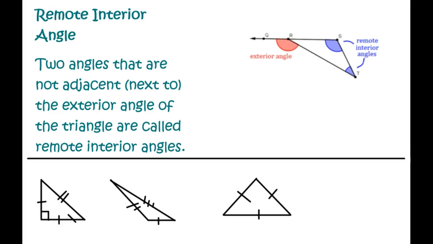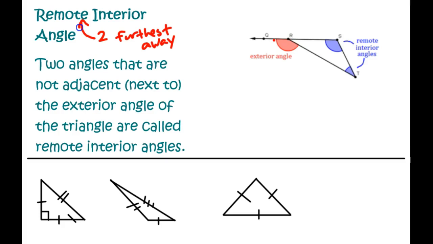Remote, this fancy word, means the two furthest away. Think about remote like a remote control. You use a remote when you're far away. So remote interior angles are the farthest away.